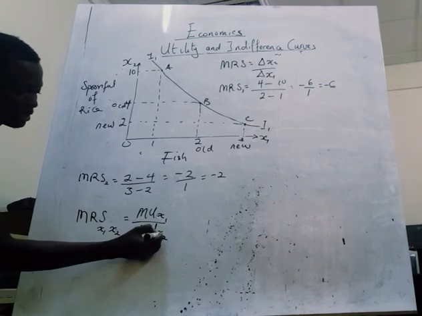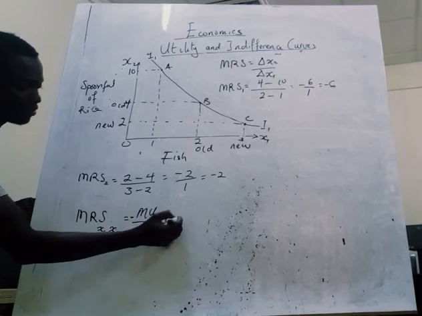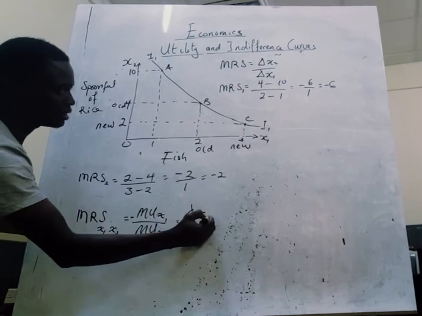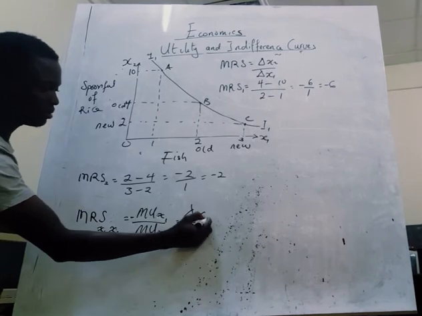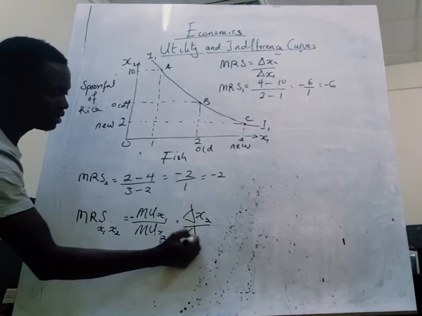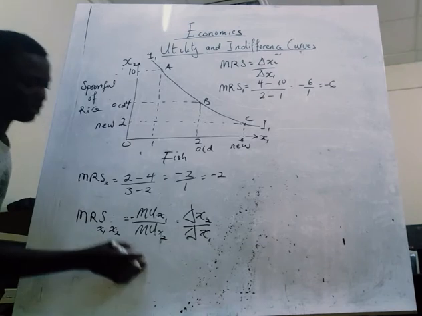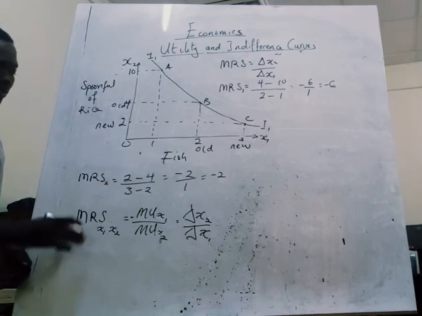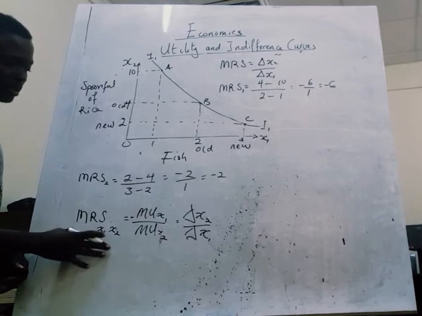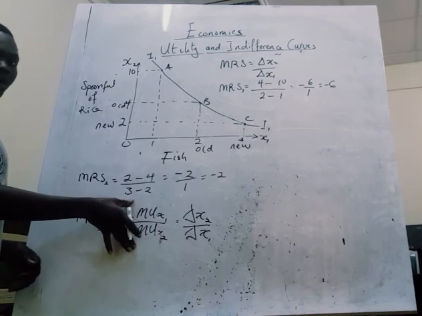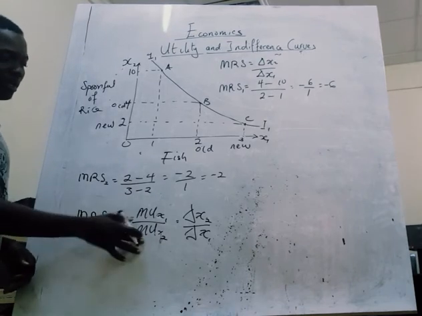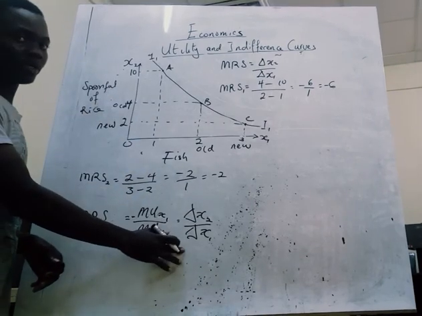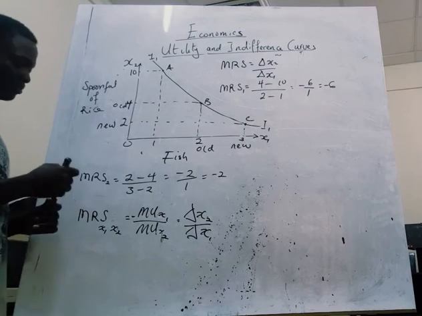Our answer is going to be negative, as we've seen, and all of these things are the same. So you have change in x2 over change in x1. There's a way to prove this, but we are not talking about that now. Just know that the marginal rate of substitution between two goods is expressed this way. It's the ratio of the marginal utilities, MU x1 over MU x2, which equals change in x2 divided by change in x1.